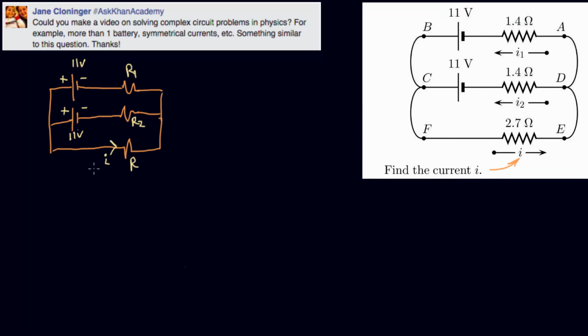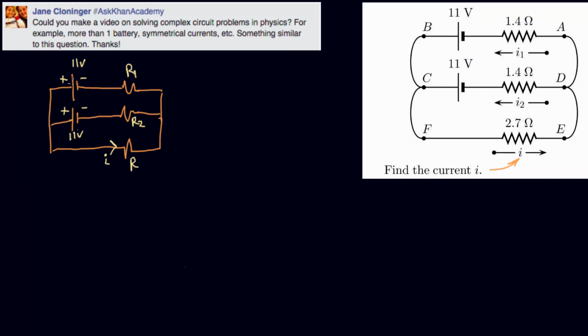So before I start doing mathematics on this, what I'm going to do is see if I can simplify the diagram. And what I'm going to notice here, this is kind of a trick that was done here. Let's look at these batteries. These two ends of the batteries are connected together, so they are at the same voltage. We don't know what that voltage is, but we know it's the same.